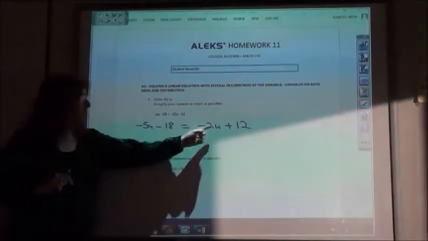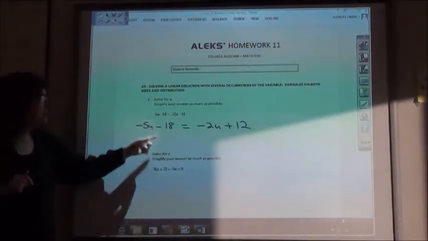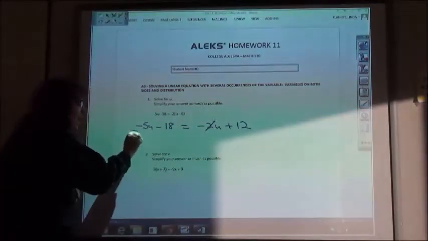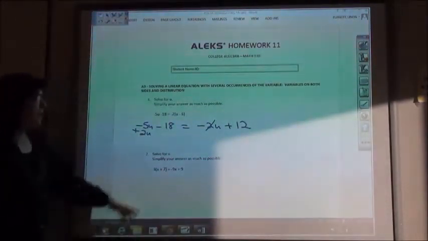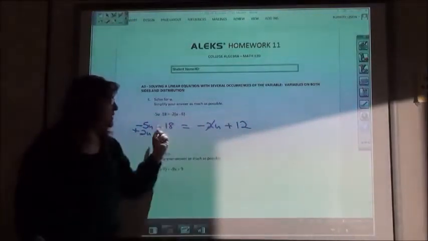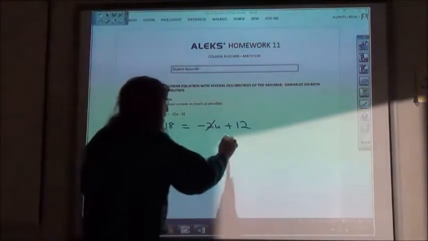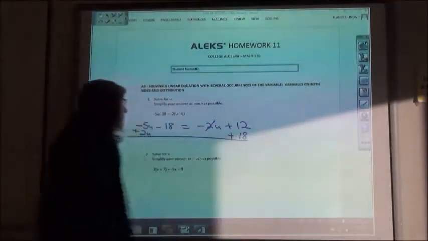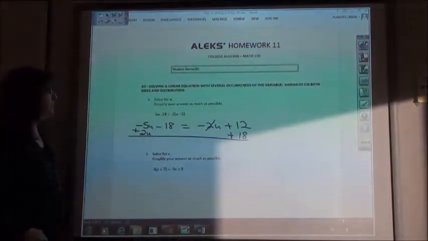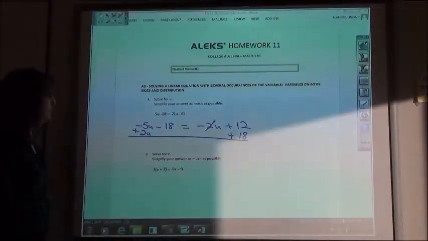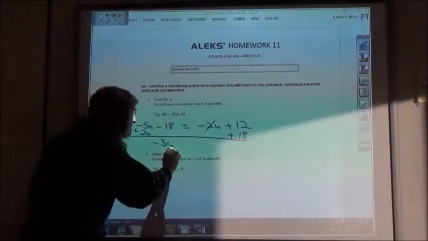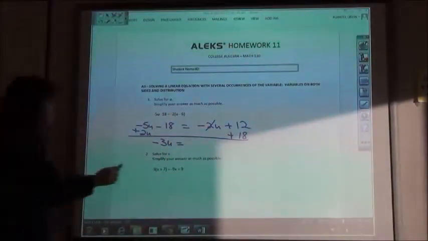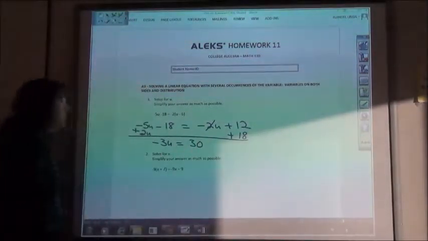We want to have our variables together on one side, our numbers on the other side, so we're going to move the 2u over, and so we're going to add our 2u, and we're going to move our 18 over to the right side. Since it's negative, we're going to add the 18, right? And so, if we do that, we're going to get minus 3u equals 30.